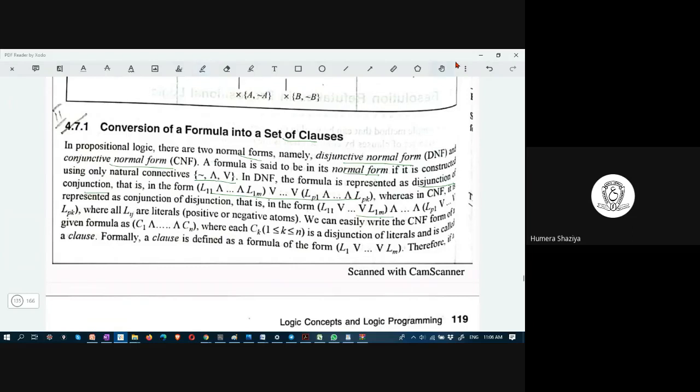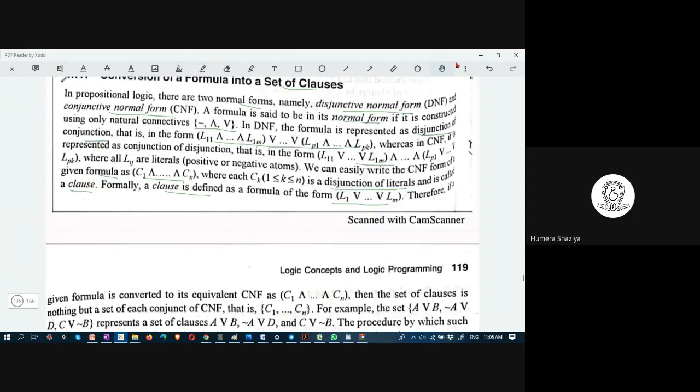Conjunctive normal form of a given formula is C1 and C2 and so on up to Cn, where each Ck, where k is greater than or equal to 1 and less than or equal to n, is a disjunction of literals, and it is called a clause. A clause is defined as a formula of the form L1 union L2 union up to Lm.